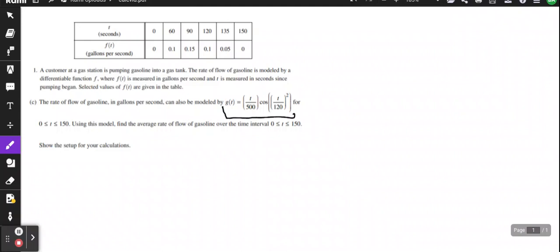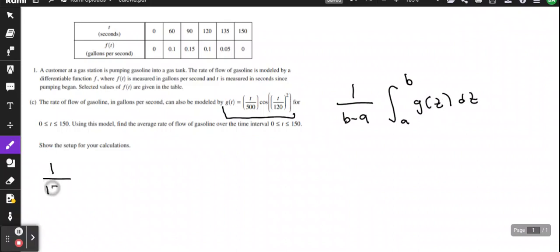Because this is a calculator active problem, in your graphing calculator, you can enter g of t equal to the function given and use the average value formula, which is 1 over b minus a times the integral from a to b of, in this case, g of t dt. Our a and b are 0 and 150, so our setup will be 1 over 150 times the integral from 0 to 150 of g of t dt.